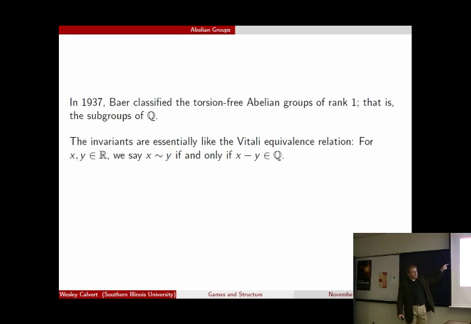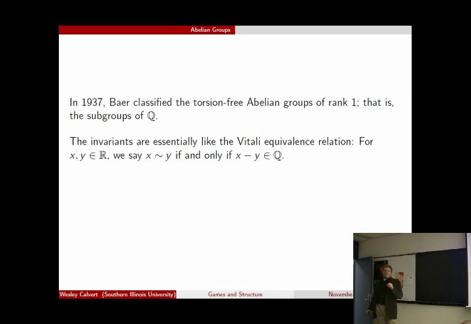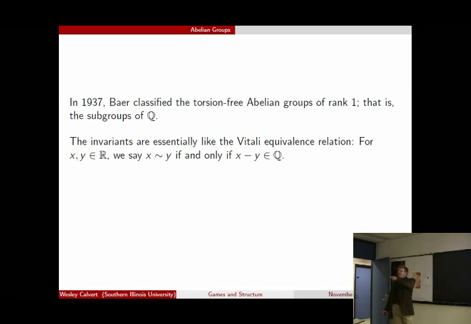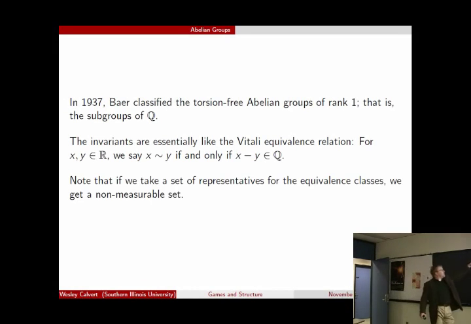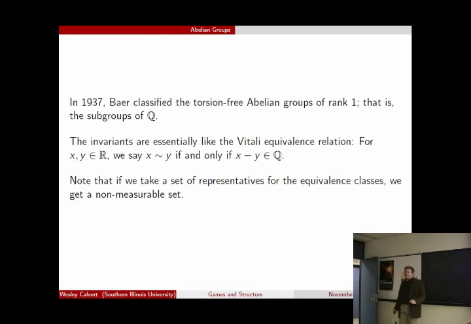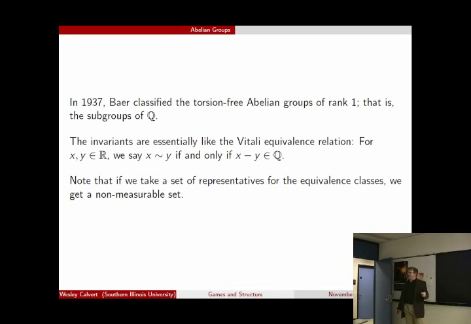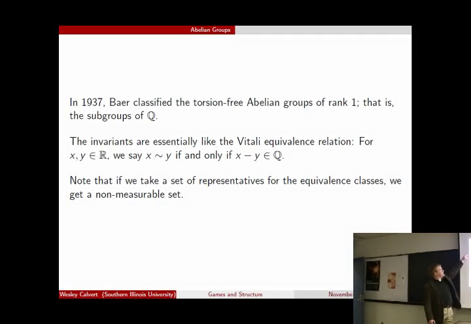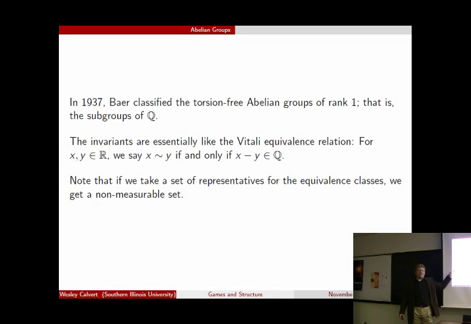And that equivalence relation is especially nasty because one thing that you'd like to do with the structure theorem is list off exactly one element of each isomorphism type. And if you do that with this equivalence relation, you get a non-measurable set, which is enough to trip anybody's criterion for a really nasty set, for something that you wish didn't exist in the universe. So classification of rank 1 groups is so bad that to classify them you need a non-measurable set.